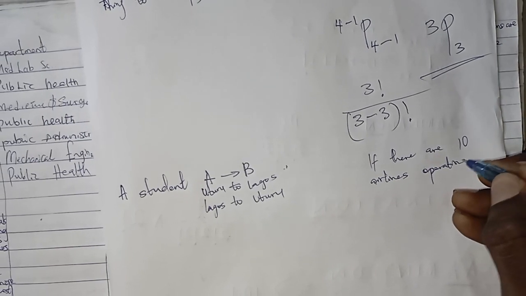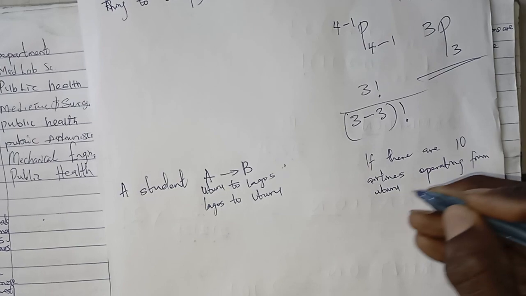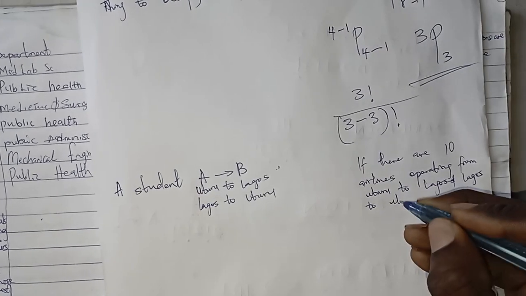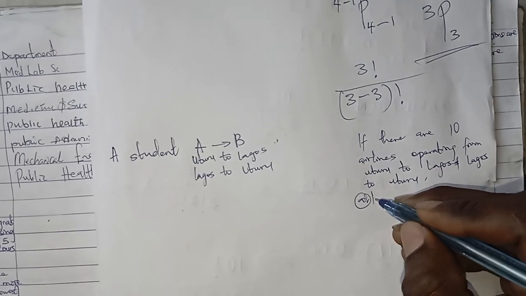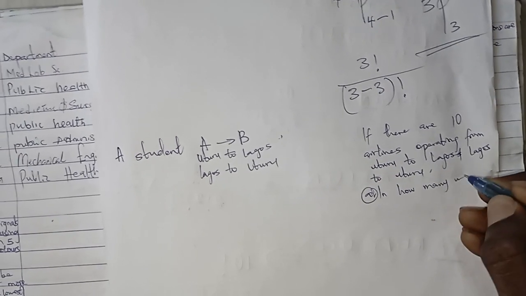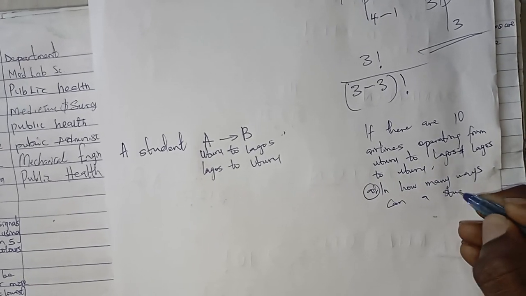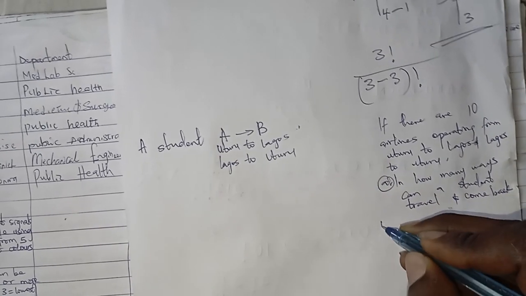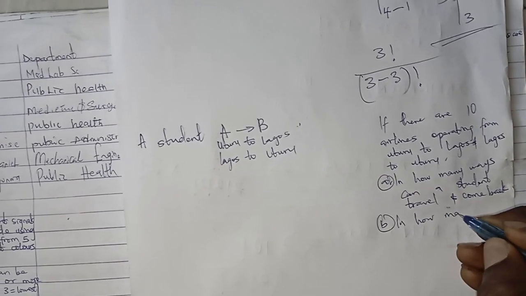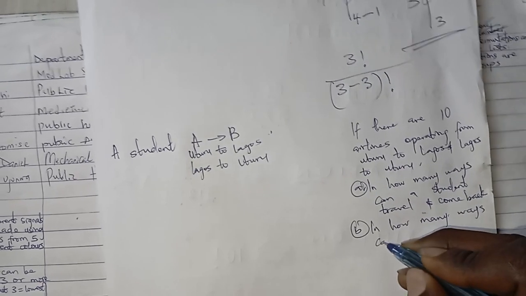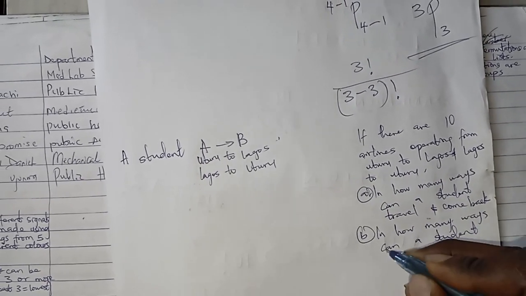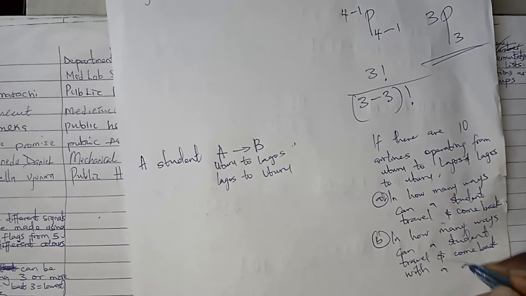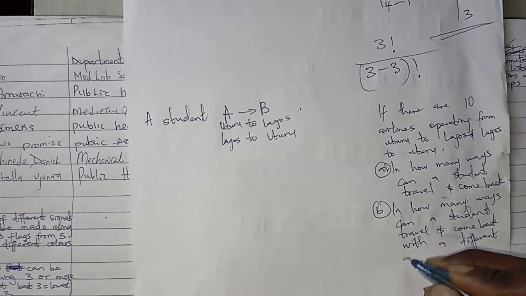If there are 10 airlines operating from Uturu to Lagos and Lagos to Uturu, (a) in how many ways can a student travel and come back? (b) In how many ways can a student travel and come back with a different airline?